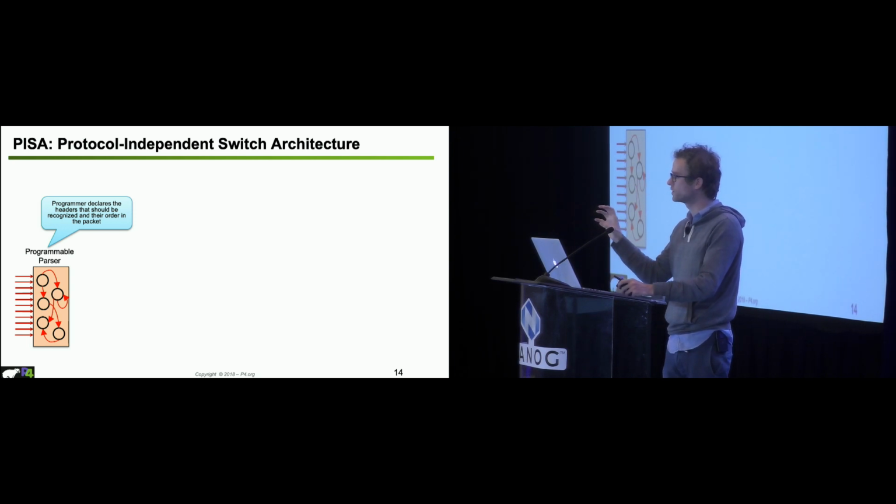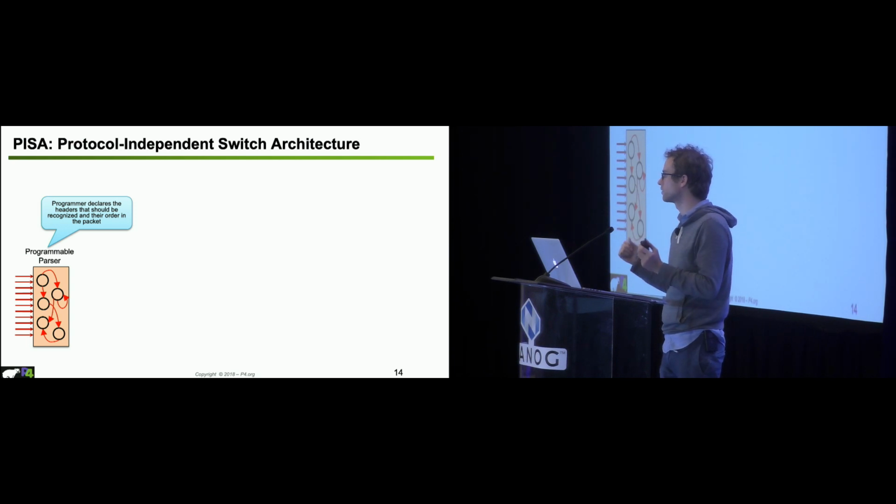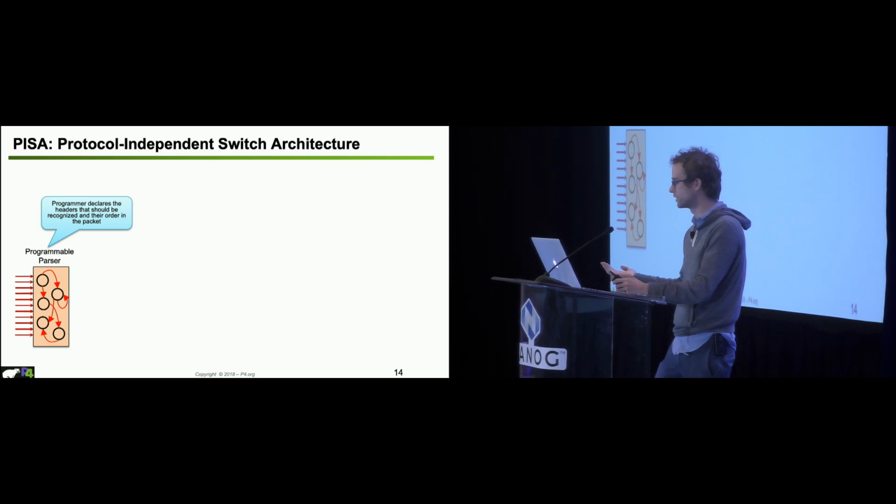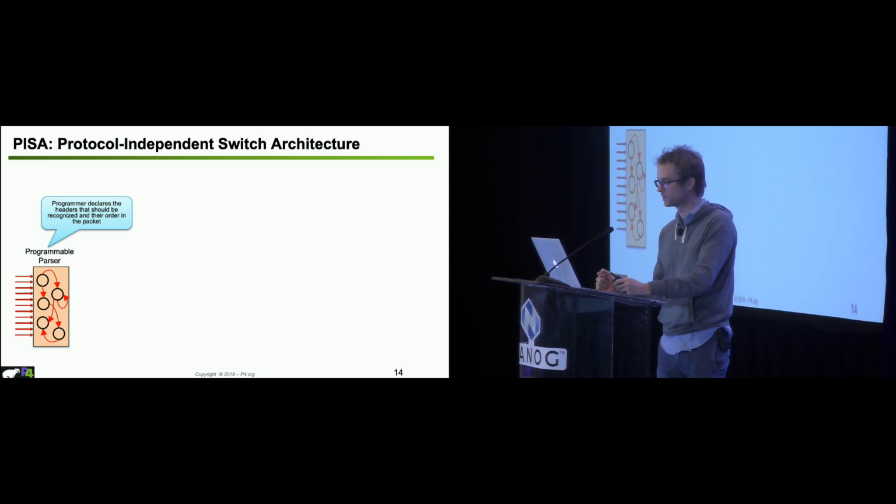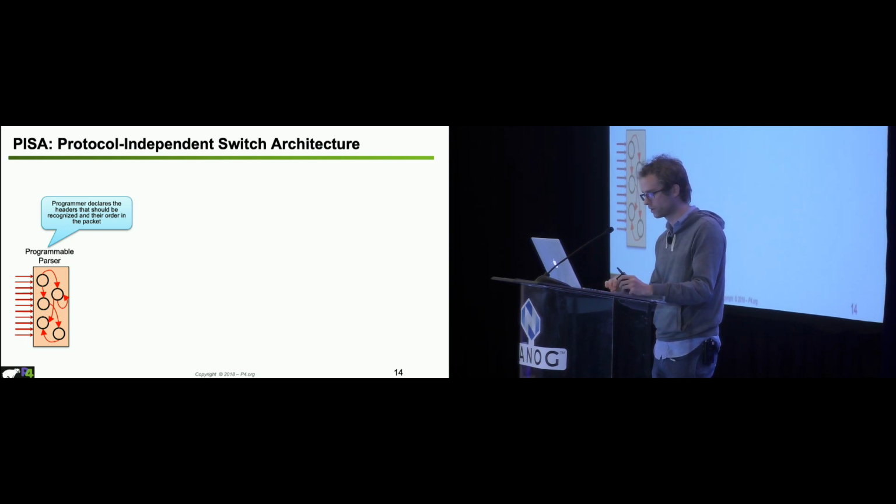Then your parser looks at the value of the Ether type field, and based on its value, you move on to extract the IPv4 header, the IPv6 header, or any custom header you might be using in your program. I took Ethernet as an example, but because it's protocol independent, it can be any type of protocol, even an L2 protocol.